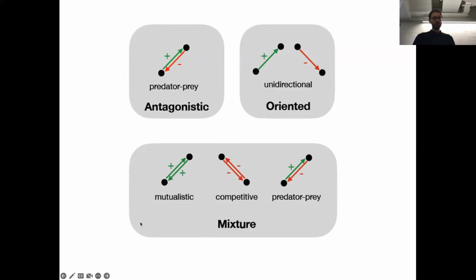And then we have a mixture ensemble, which means that you have some links which are predator-prey. In ecology, people call this predator-prey interactions. But you as well have plus plus and minus minus, which are sign symmetric interactions. Minus minus in ecology is called competitive, plus plus is called mutualistic.